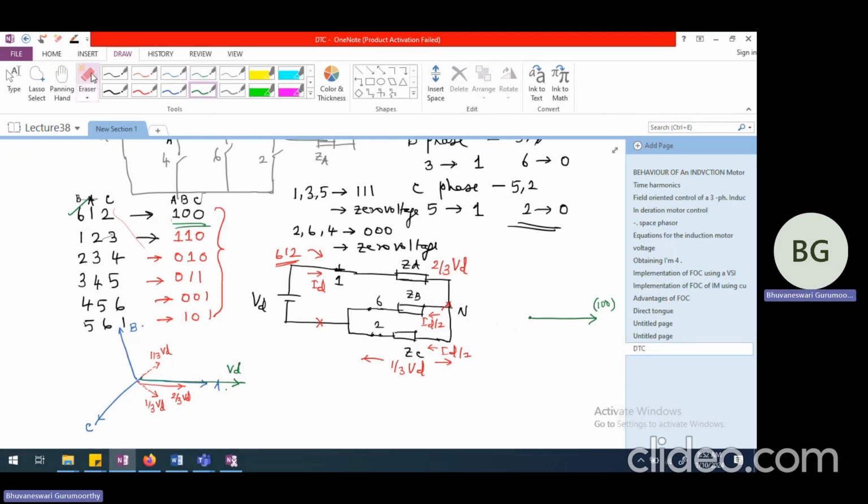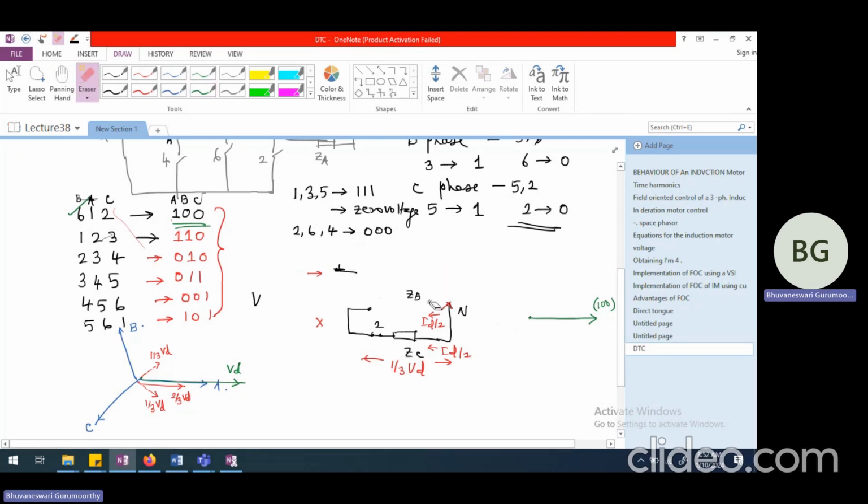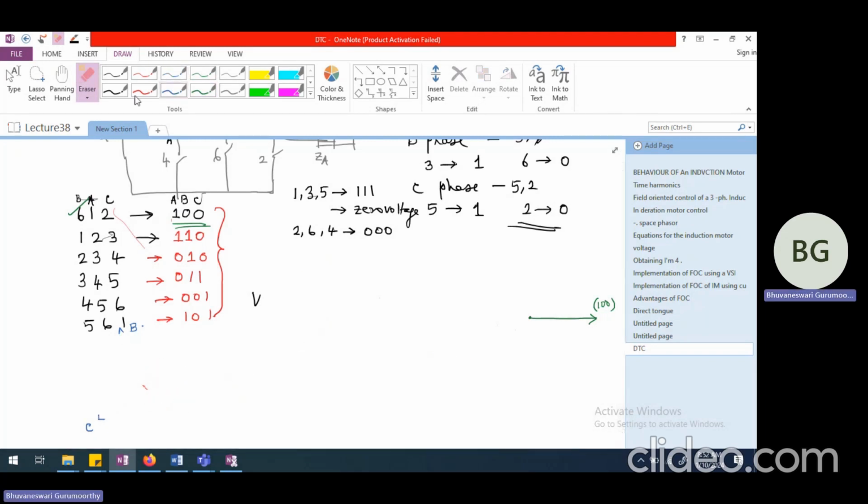Now let me take a look at this for 1, 2, 3. So I'm going to look at what happens when I have 1, 2, 3 as the switch position. So when I have 1, 2, 3 as the switch position, this is going to be VD again.